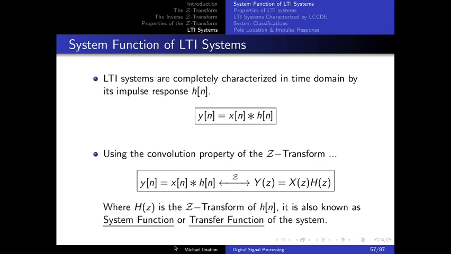Using this property we can find that h of z equals y of z over x of z. So, knowing the input x and the output y, we can get h of z, the system transfer function, by dividing y of z over x of z.